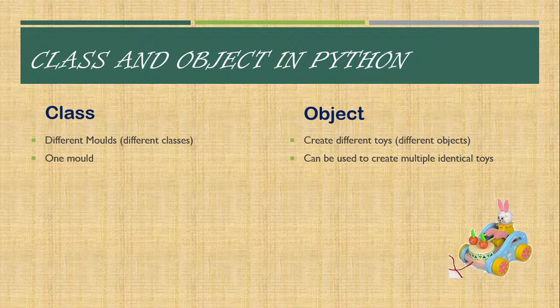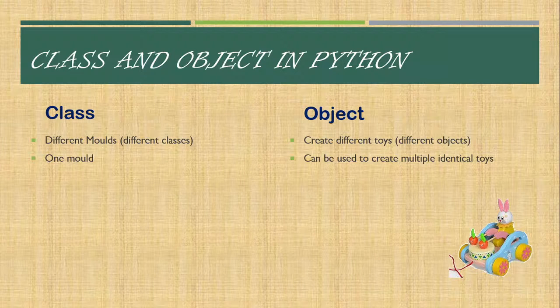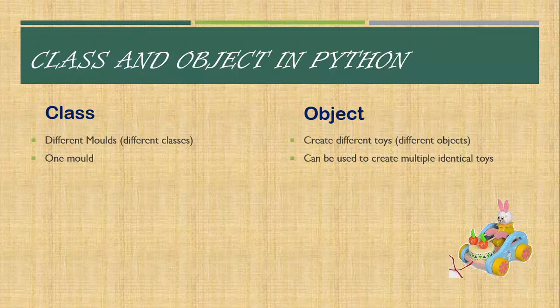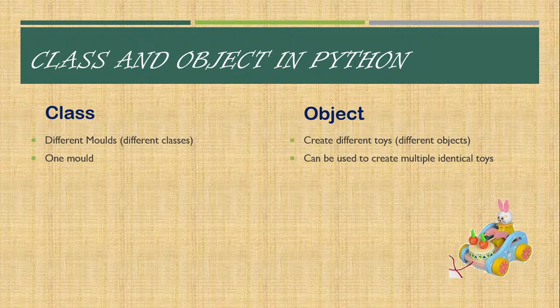So that is the instantiation of an object. One mold could result in identical toys of a particular type.